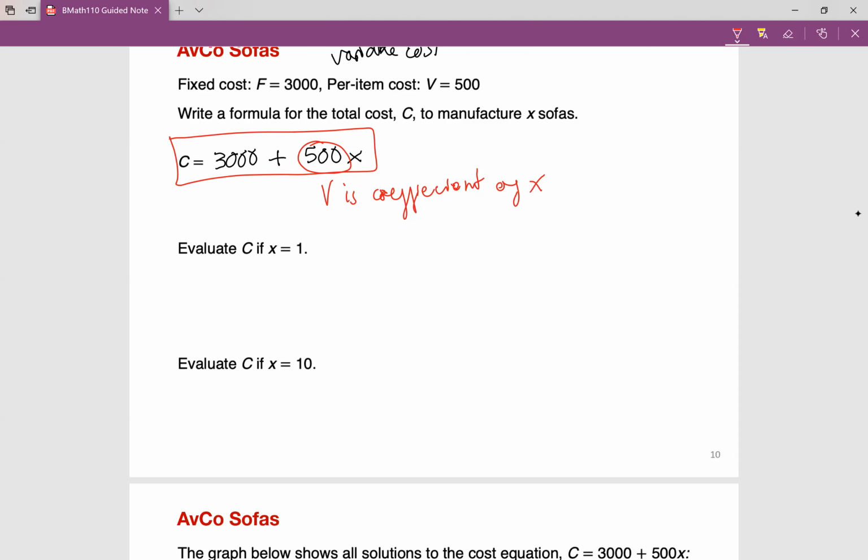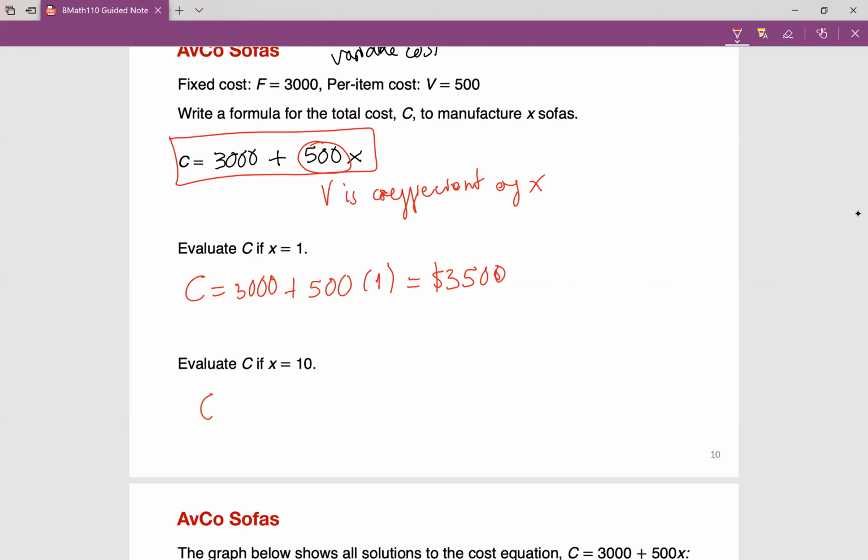And evaluate C if X equal to 1. Okay, so that means if X equal to 1, I have C equal to 3,000 plus 500 times 1. And that's going to be 3,500. That's going to be exactly the answer above. And evaluate C if X equal to 10.